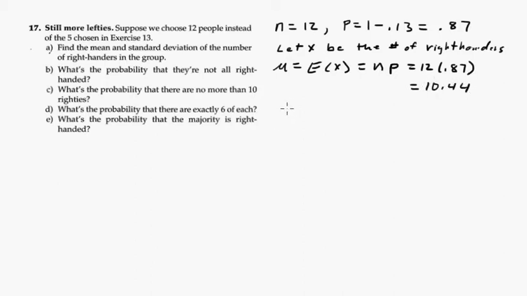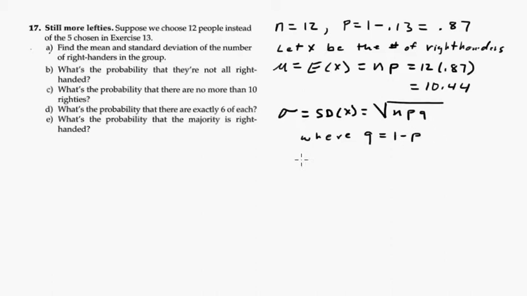10.44. And the standard deviation, SD of X, is just the square root of npq, where q equals 1 minus p.